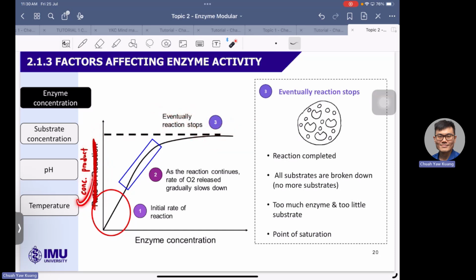But if it is the concentration of the product, that means the reaction has already stopped. So you have to remember that, because sometimes questions put either rate of reaction or concentration of product.